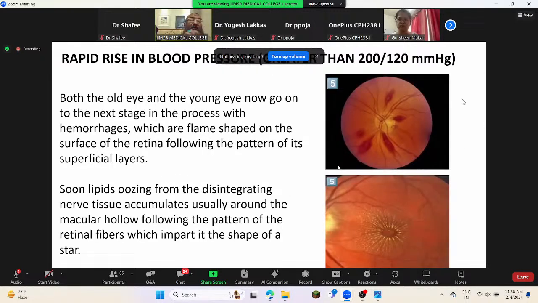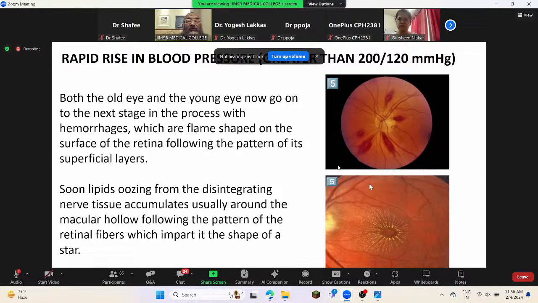When there is a rapid rise in blood pressure that is greater than 200 to 120 millimeters of mercury, both the old eye and the young eye now go on to the next stage in the process with hemorrhages, as you see here, which are typically flame shaped hemorrhages on the surface of the retina, following the pattern of its superficial layers.